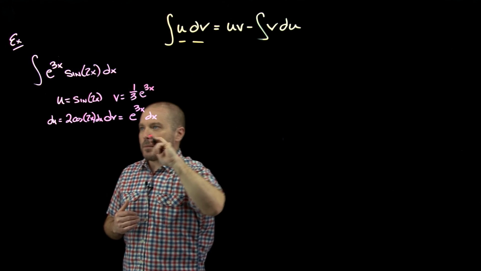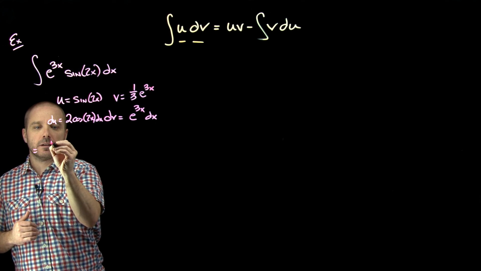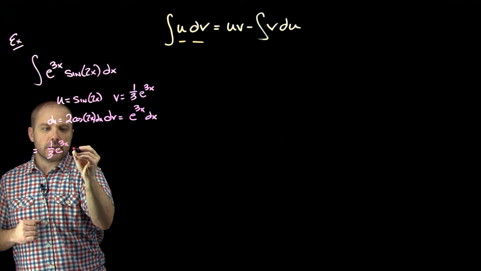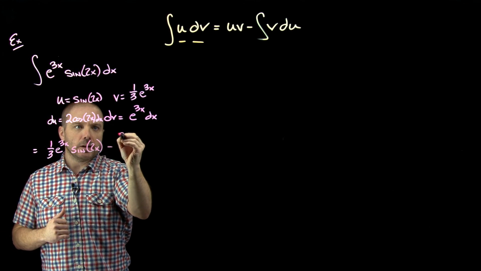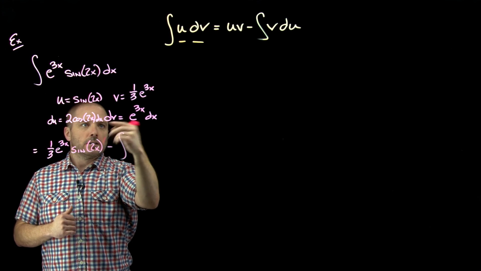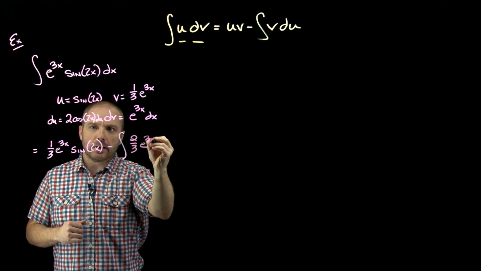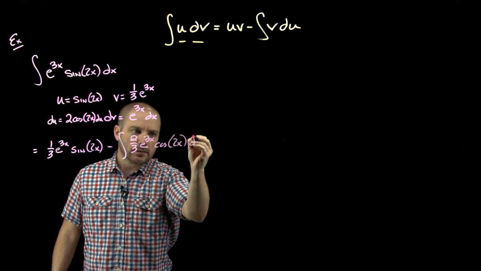So using our formula, this is uv, 1/3 e to the 3x times sine 2x minus the integral of v du, 2/3 e to the 3x cosine 2x dx.